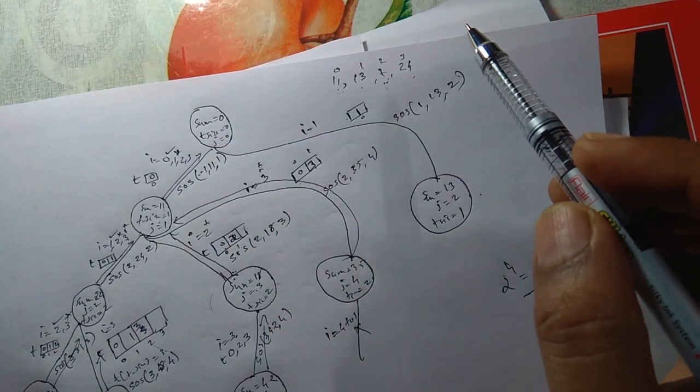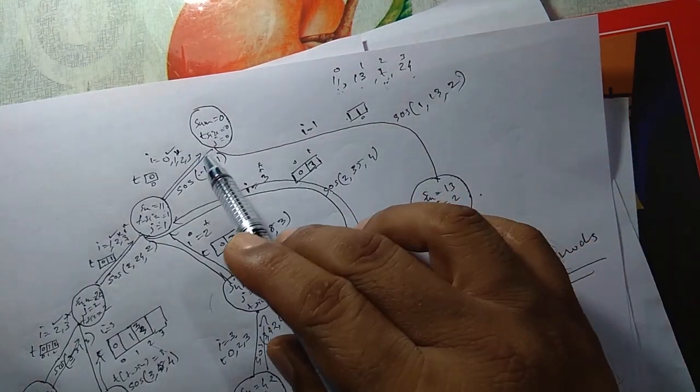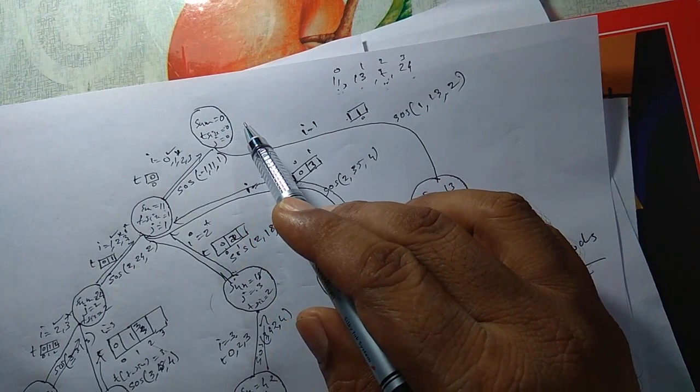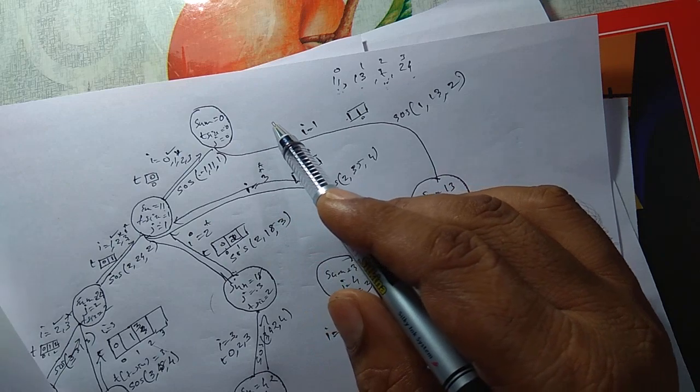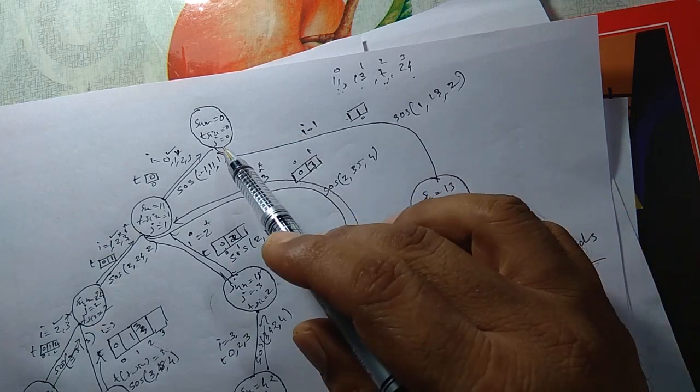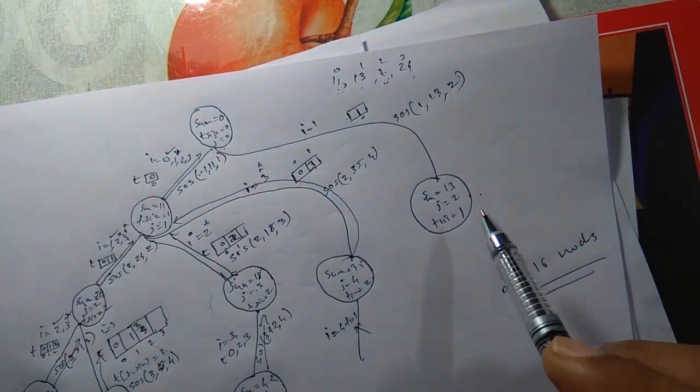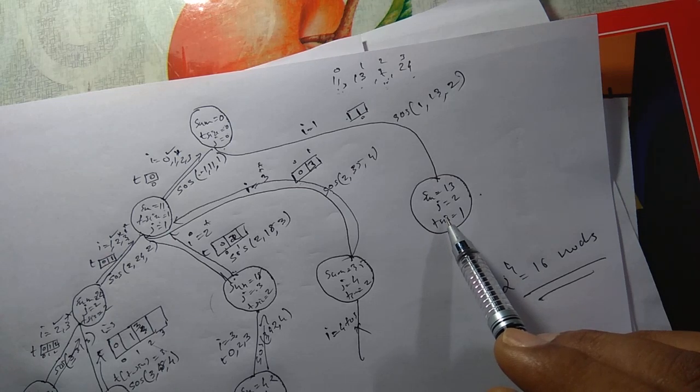So this is a live node now. A live node means a node which has been generated and all of whose children have not yet been generated. So this is a live node and this is a live node.